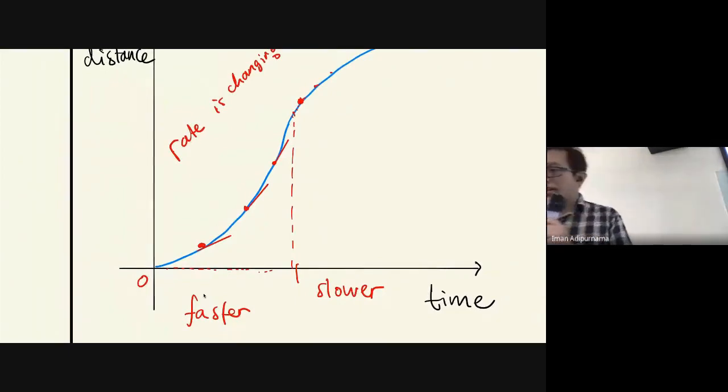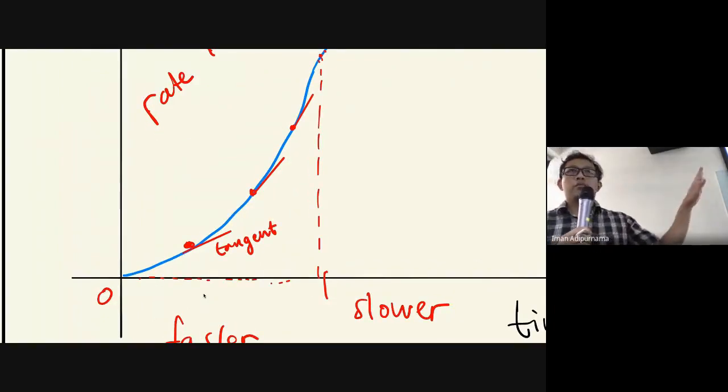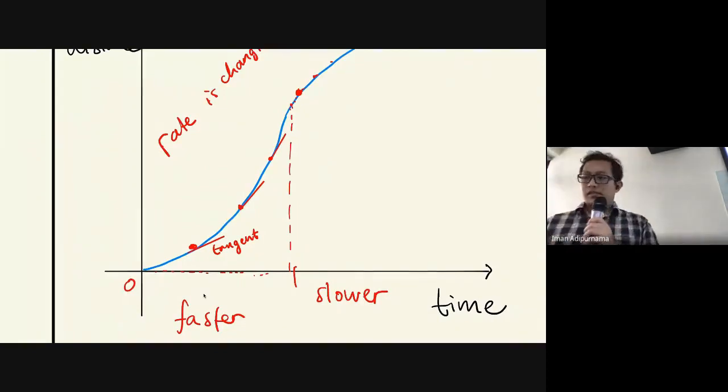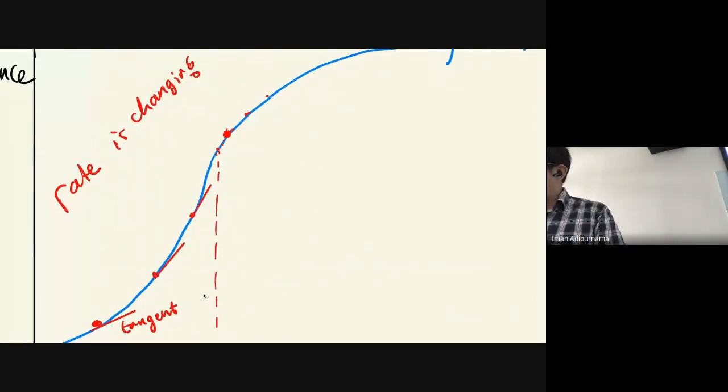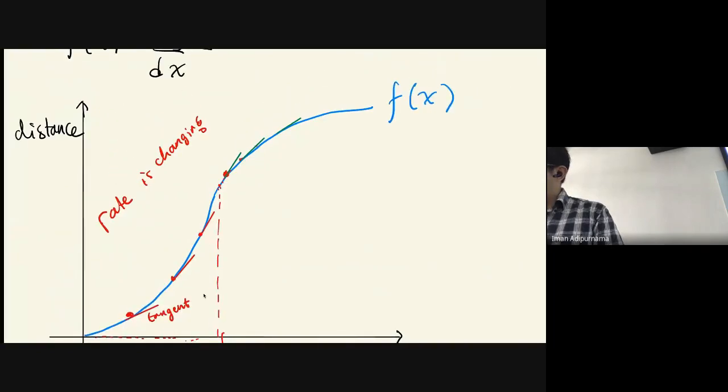Whenever your tangent is getting more and more vertical, you are getting an increase in, in this case, speed. But whenever you are, let's change the color to green, getting more and more towards horizontal, you are getting slower, right?